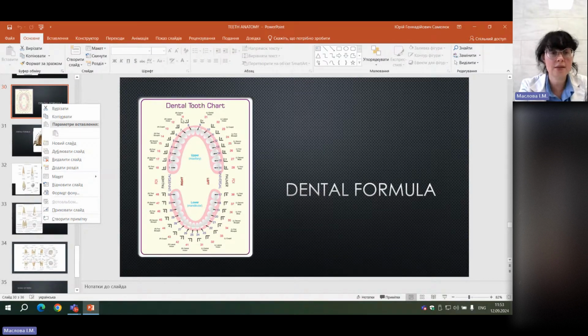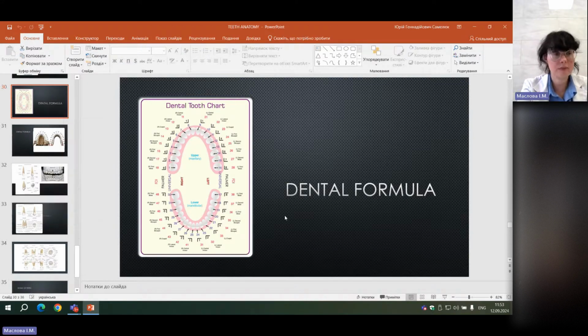And you can see this formula marked on this picture with the red color. This formula, or each tooth number or tooth code, consists of the quadrant: the first quadrant, second, third, and fourth.